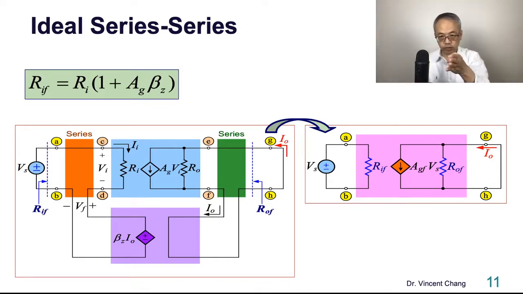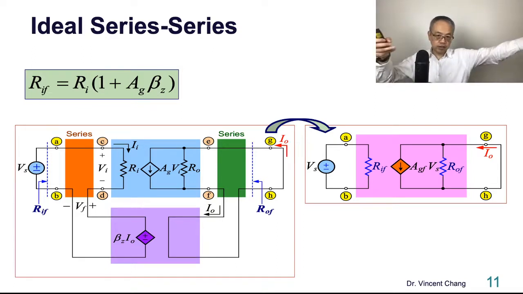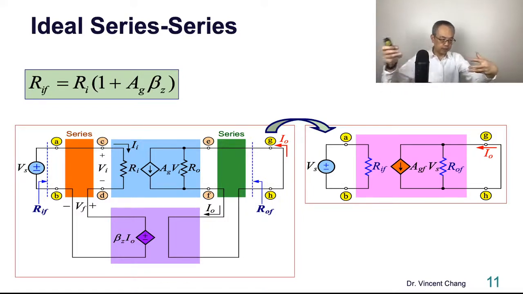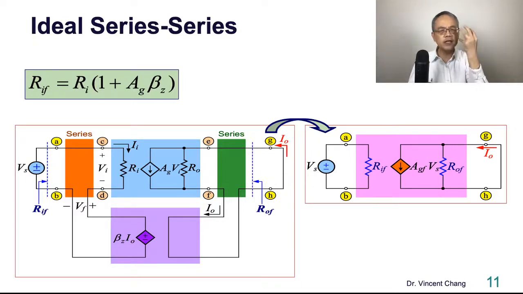Check the circuit diagram on the left. See, the series sampling is the current sampling going through the beta, and then times a resistance generates a feedback voltage, VF, right? So beta, in other words, the product of A times beta is always dimensionless.